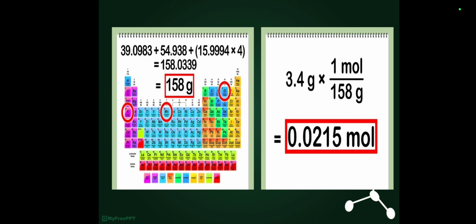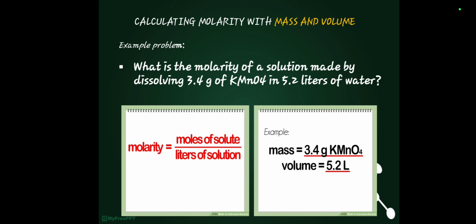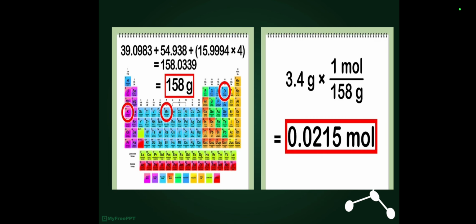So 158 grams is from the atomic mass of the potassium, the manganese, and the oxygen. Just add the atomic weights of them, but it is not the same for oxygen. Hindi pa yun ang result ng oxygen kasi may subscript 4 pa si oxygen here. That's why it's called tetraoxide kasi 4 na siya. May 4 na oxygen tayo.